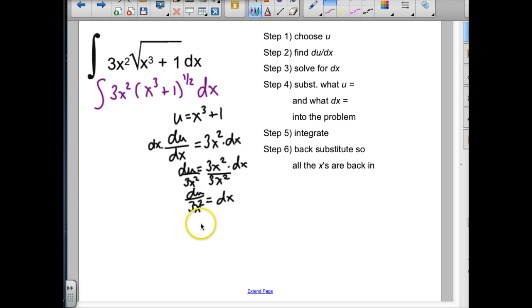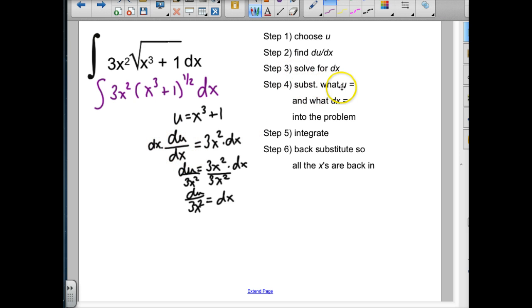Now if you don't follow these steps, you probably won't get the answer right, so please be careful to follow the steps. That's step 3, solve for dx. So you do have to think about the du over dx as two separate variables, du divided by dx. We've probably never thought about it like that before, but to solve these equations you have to think about du divided by dx as two separate variables, not a whole derivative.